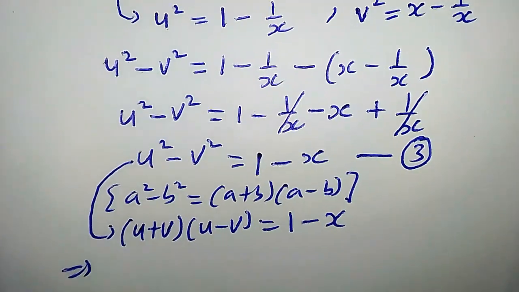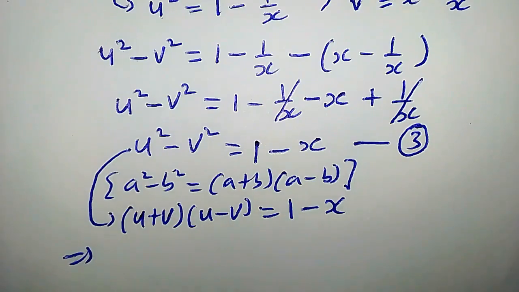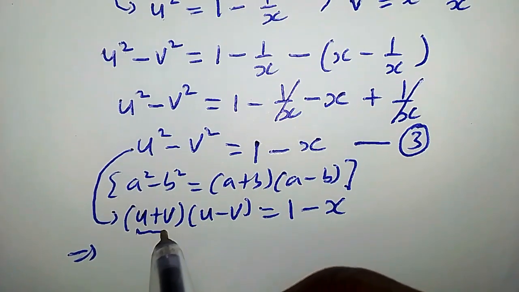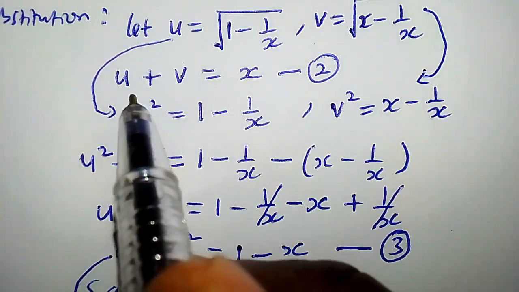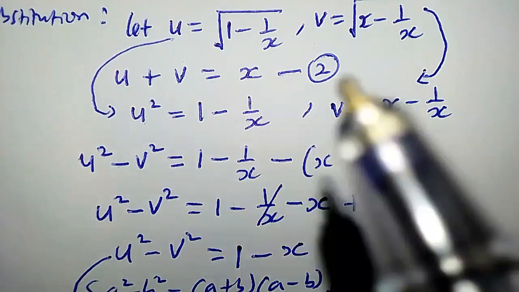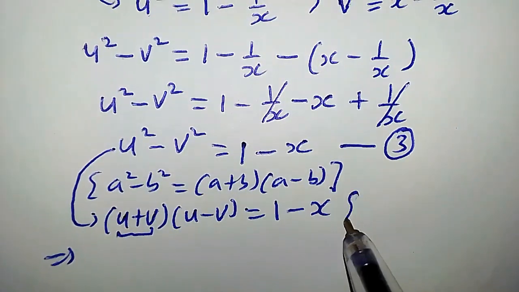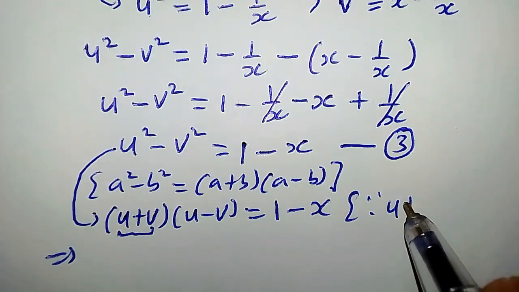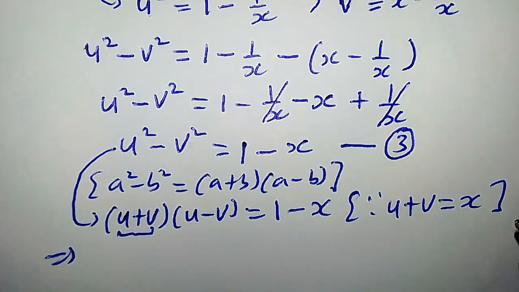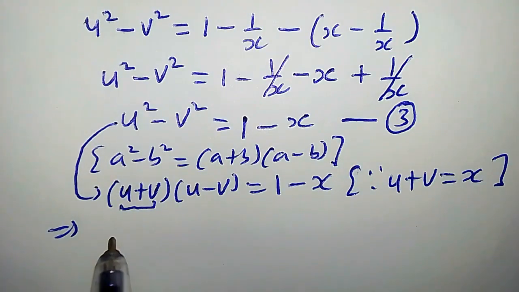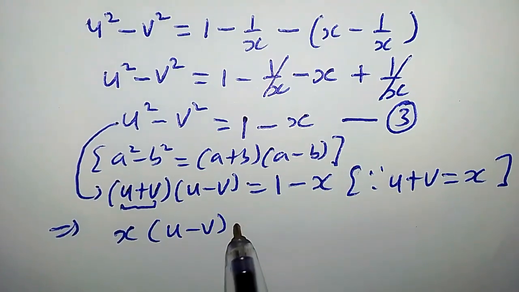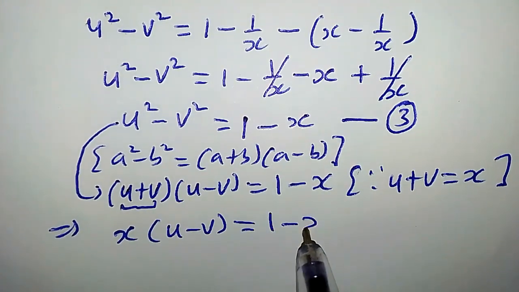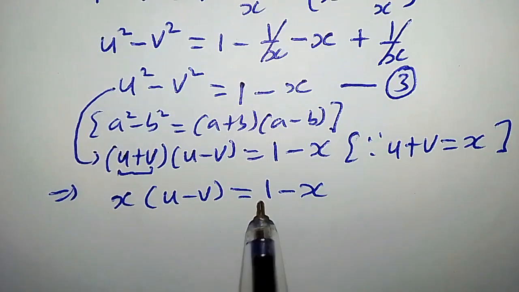But we already know what u plus v is. What is u plus v? That is equation 2. U plus v is equal to x. So, since u plus v is equal to x, this now becomes x times u minus v equal to 1 minus x. Let's divide both sides by x.